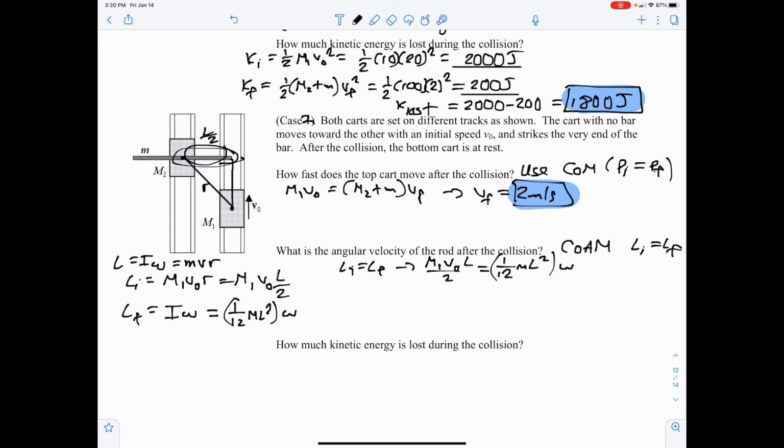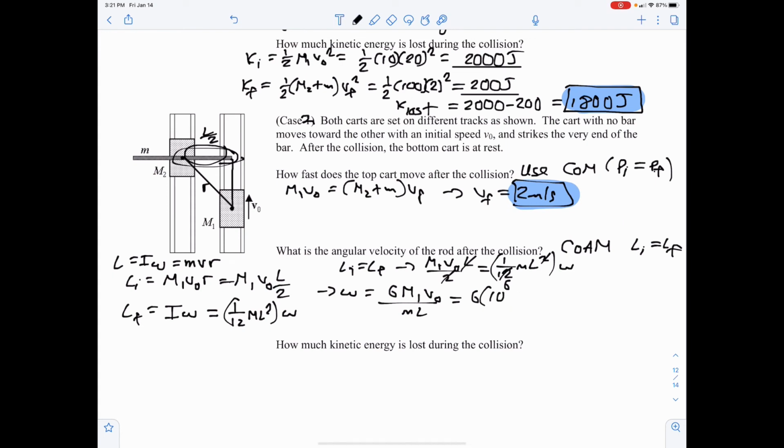So one factor of L you can see will cancel. So omega, we'd end up going to, let's see, 2 goes into that, 6 times, multiply both sides by 6, m1 v naught over, and then we're going to divide by the ml right there in order to get omega by itself.